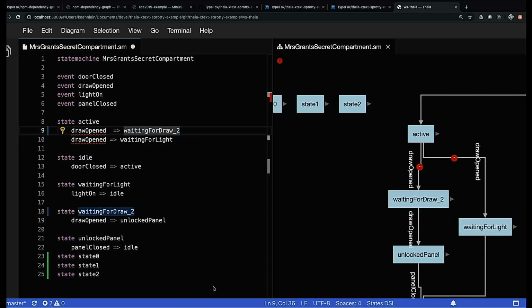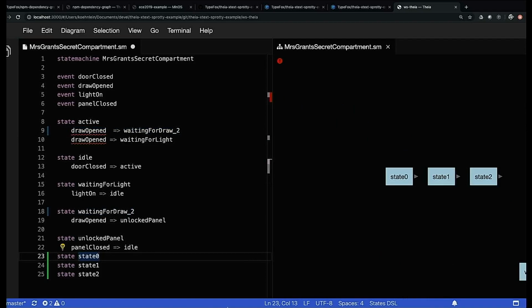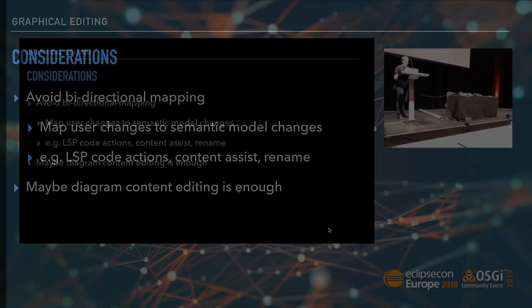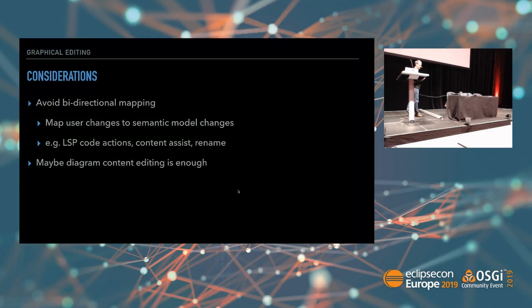All right, I'm almost finished. Okay, so if you really go for graphical editing, there are two things you should keep in mind. You should avoid bidirectional mappings because of cycles and inconsistencies, and you should map the user changes to semantic changes instead, and then execute them on the semantic model.